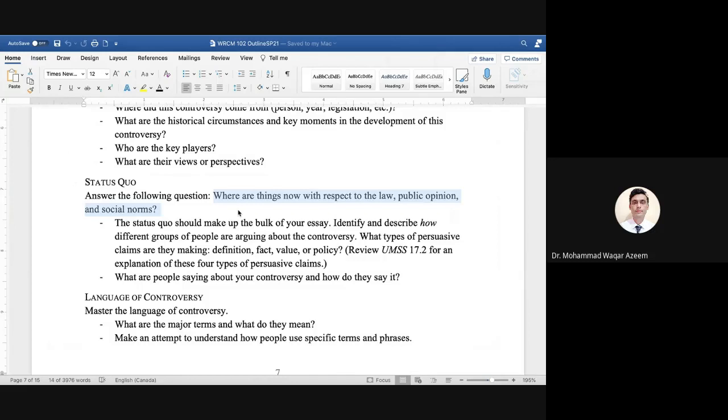So, any topic related to the controversy that you are dealing with connects with law or public opinion or social norms or many other things as well. So how that controversy is being treated these days, how people view that controversy today.